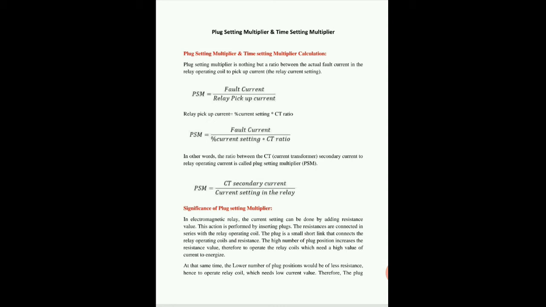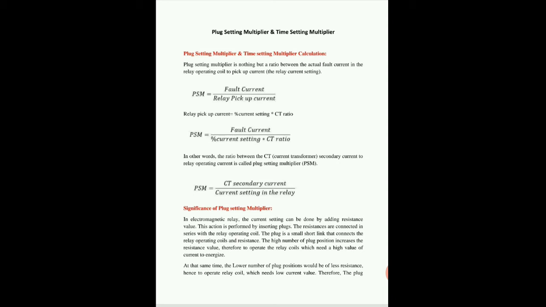A high number of plug positions increases the resistance value. Therefore, to operate the relay coil, a high value of current is needed to energize it. The relay requires more current to energize.